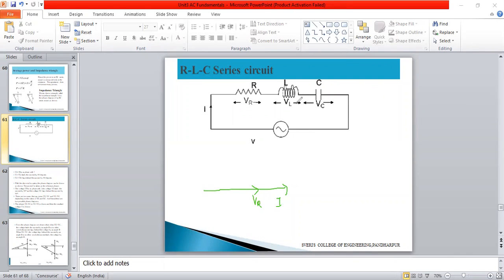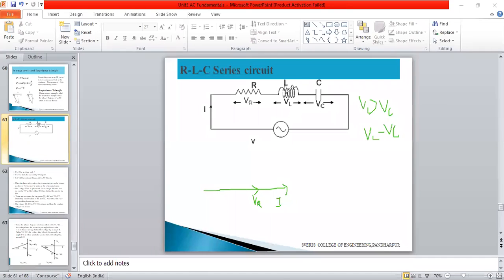For the condition VL greater than VC, we use the formula VL minus VC only. The total voltage drop across the RL-acting circuit is VL minus VC.